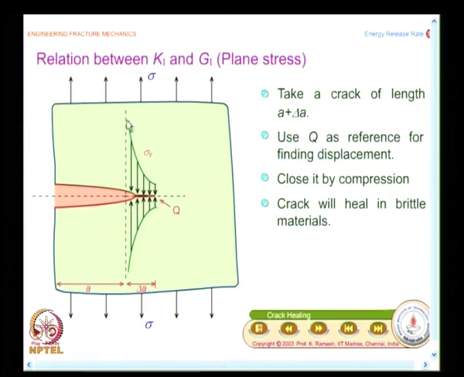And I am writing this stress field. See, this is very direct from whatever we have developed based on Westergaard's equations. This is what you will have to appreciate. I am taking a crack tip, my interest is if the crack extends by a length delta A, what is the energy that is required is my ultimate interest, for which what I am doing?